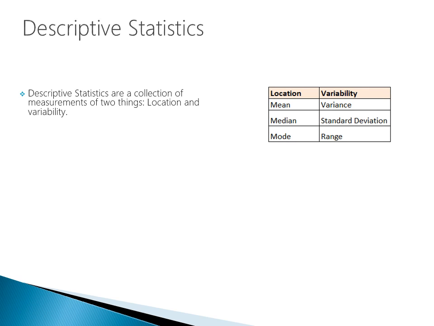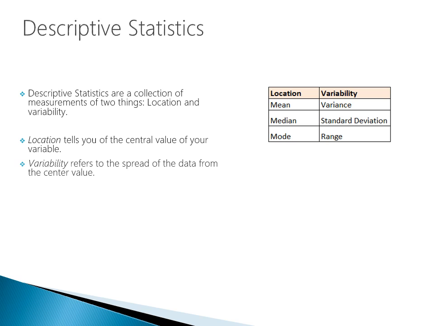Descriptive statistics are a collection of measurements of two things: the location and variability of data. The location tells you the central value of your variable. The variability refers to the spread of the data from the center value.